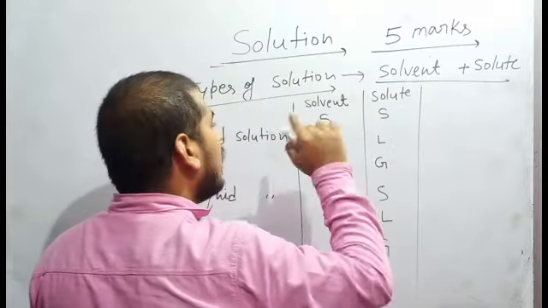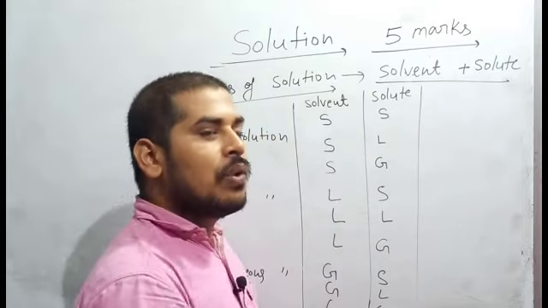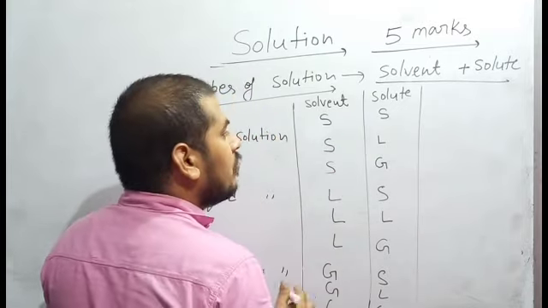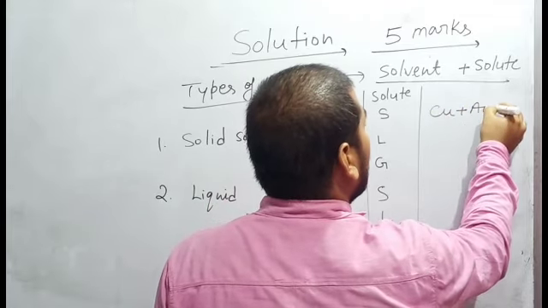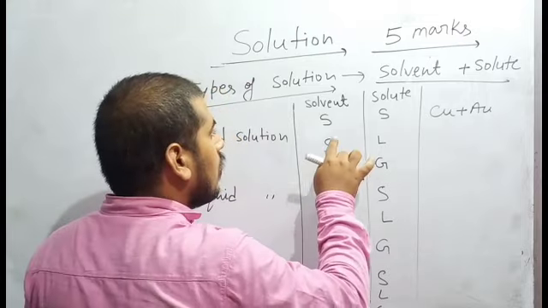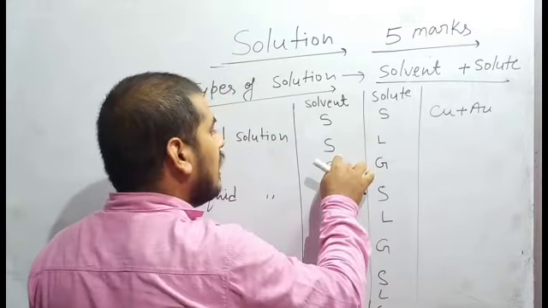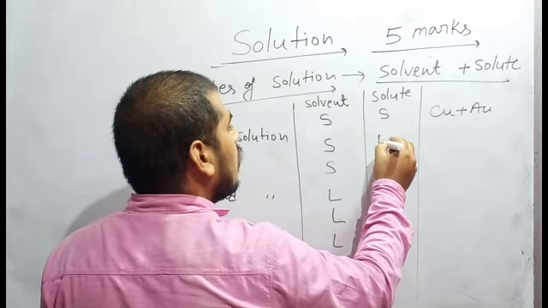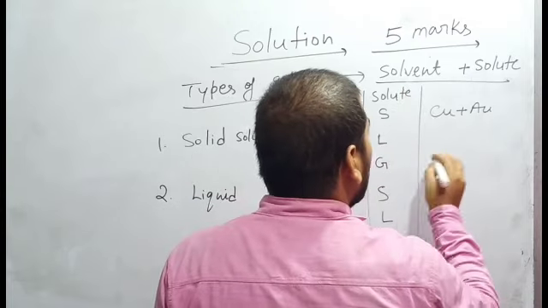Solid plus solid means the phase of both solvent and solute is the same, solid and solid. For example, Cu plus Au. Next one is solid and liquid, which means the solvent is solid and solute is liquid.